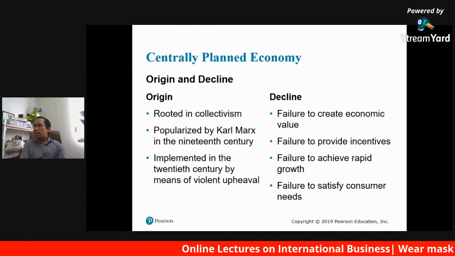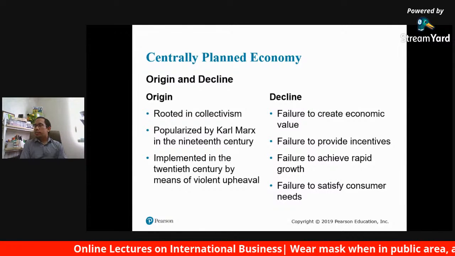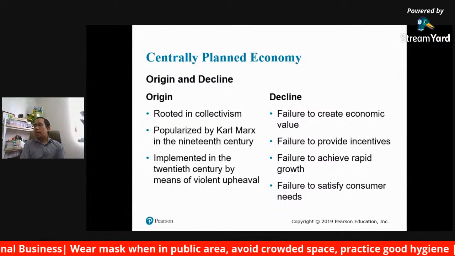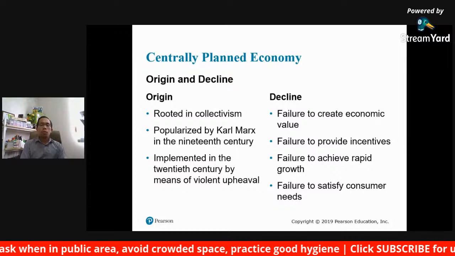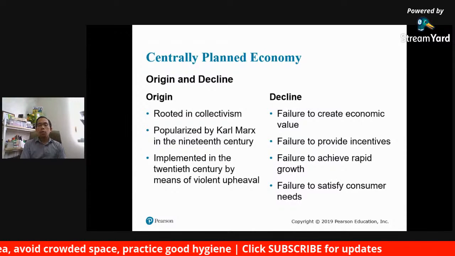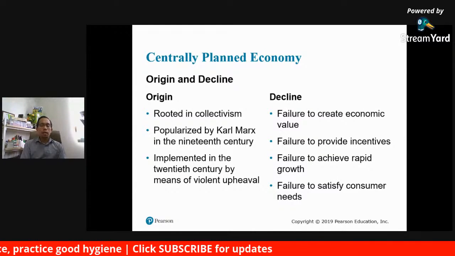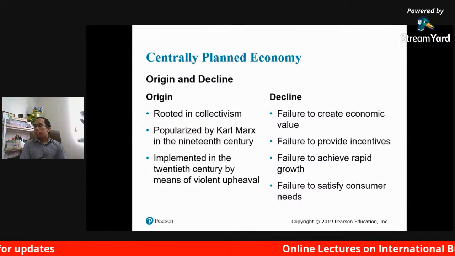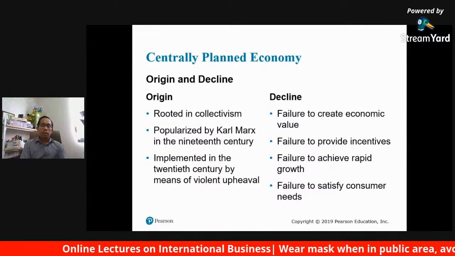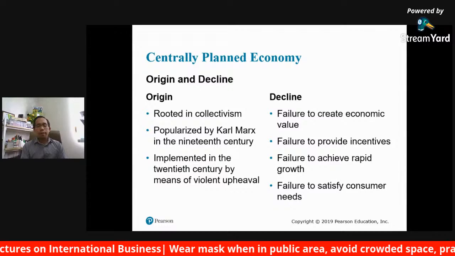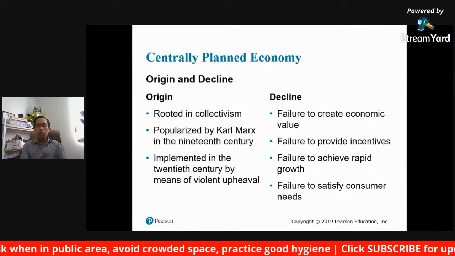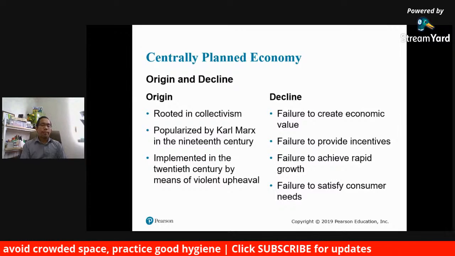Okay. In centrally planned economies, people who live there fail to obtain what they want to have, because we have different kinds of needs that need to be satisfied.